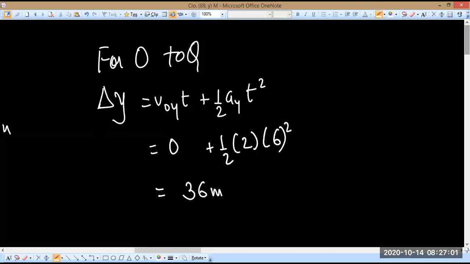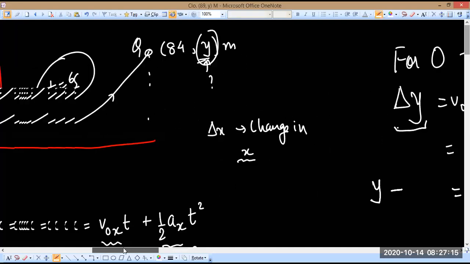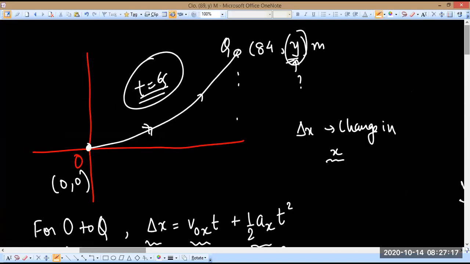See, this is not y, mind well. This is delta y. Okay. We have to find the y coordinate. So delta y means final y, which is y, minus initial y. What is initial y coordinate?